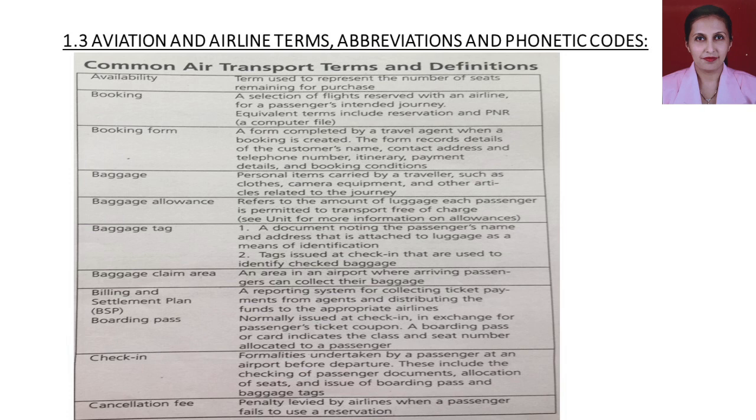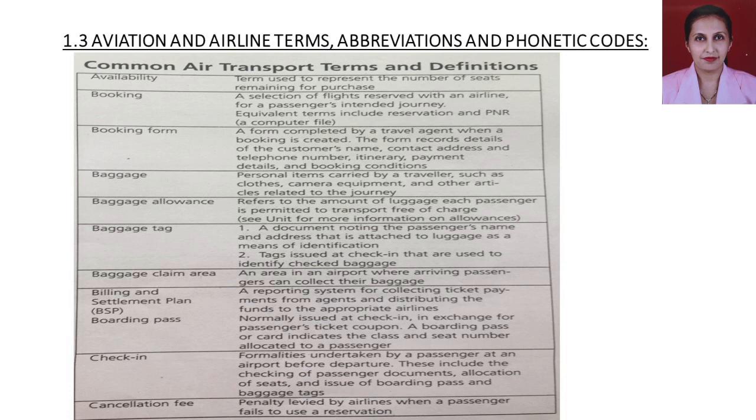Boarding pass means what? Normally issued at check-in in exchange for the passenger's ticket coupon. Boarding pass is a rectangular paper document, just like your ticket, but in a much shorter format. So where do you get this boarding pass?